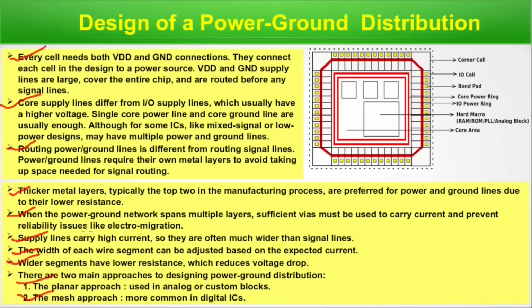If the power ground network spans multiple layers, sufficient vias must be used to carry current and prevent reliability issues like electromigration. Electromigration may happen because heavy current flows. Electromigration is a common reliability issue. We have discussed it multiple times. Sufficient vias must be used to avoid electromigration. We are done with this slide. We will move to the next slide.